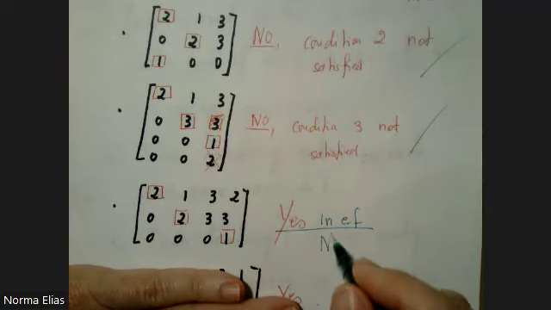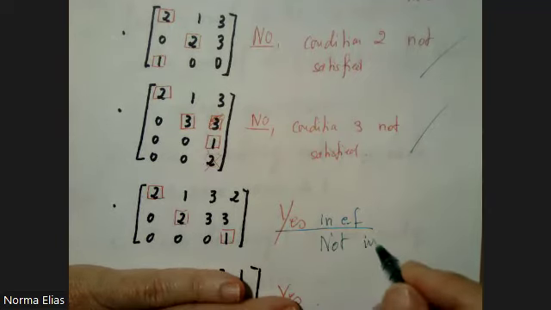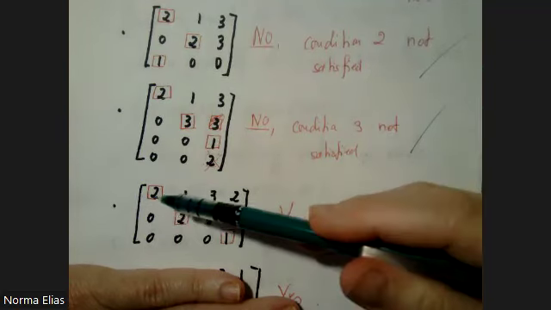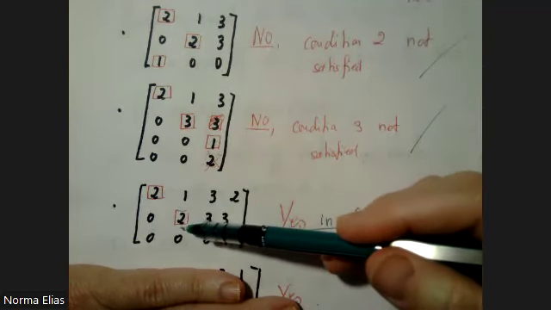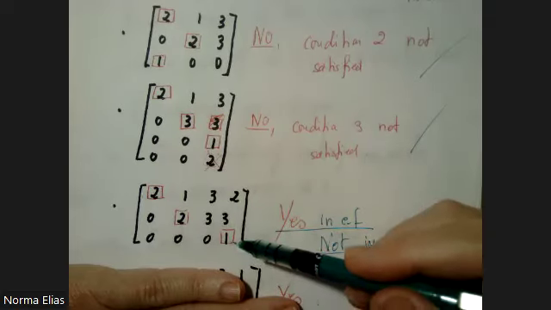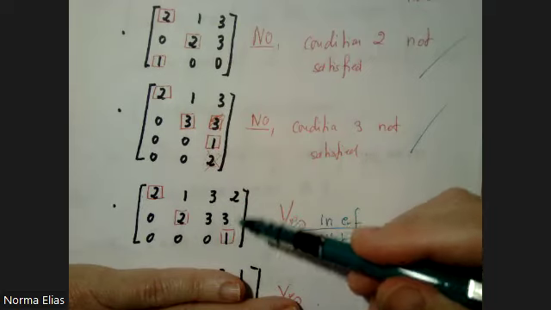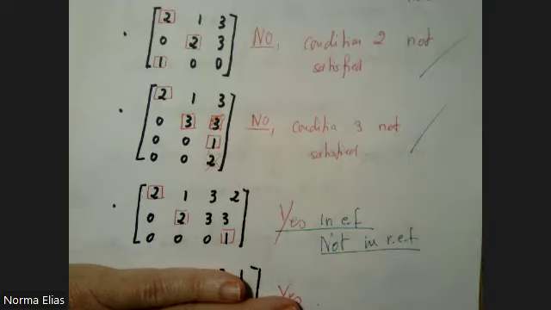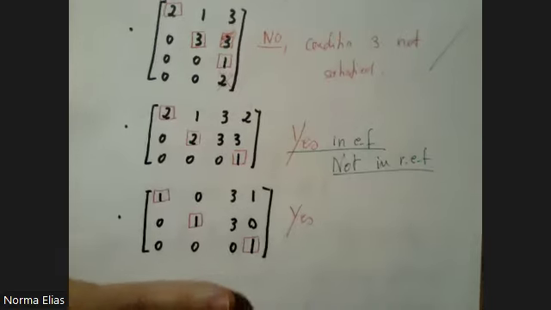So not in reduced echelon form, for 2 reasons actually. Both conditions are violated. First, the leading entries are not 1. And also, the other condition is that the leading has to be the only non-zero in its column. And definitely, we have a leading here that is not the only non-zero one. So definitely not reduced echelon form.